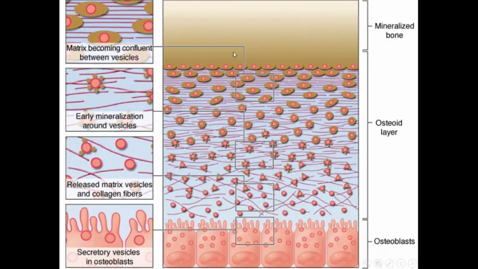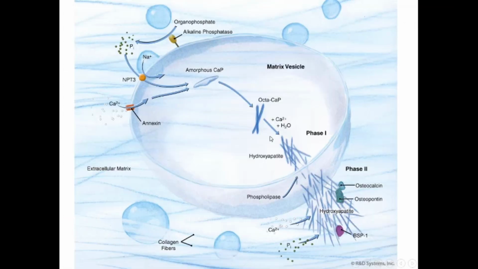Let's see in this part. You can see the bone matrix, the newly formed bone or osteoid, and active osteoblasts. Osteoblasts permanently produce vesicles, and these vesicles are released into the matrix, so they are called matrix vesicles. When we magnify one of the matrix vesicles, we see a lot of the enzyme alkaline phosphatase on the membrane of this vesicle.